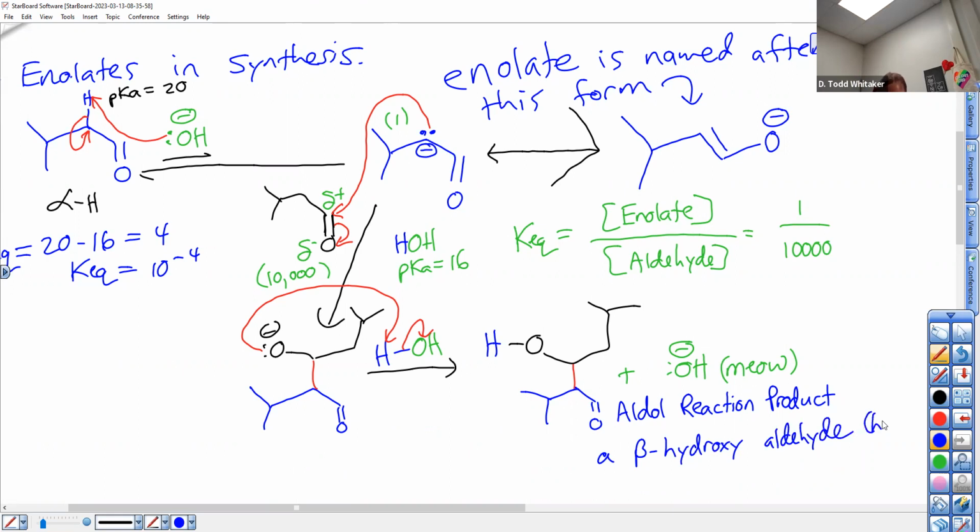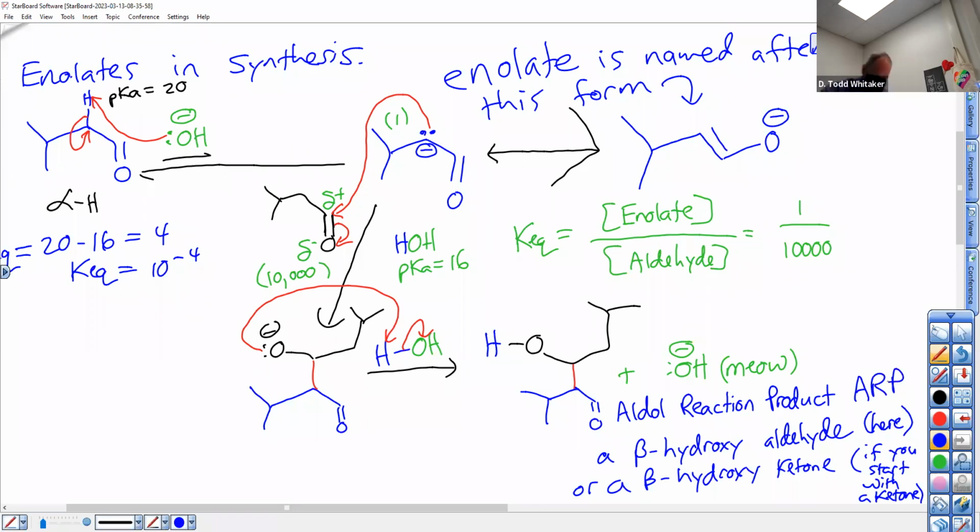That's here. And if you started with a ketone, a beta hydroxy ketone, not here. If you start with a ketone. And we call it ARP. And that's the answer to which letter question.